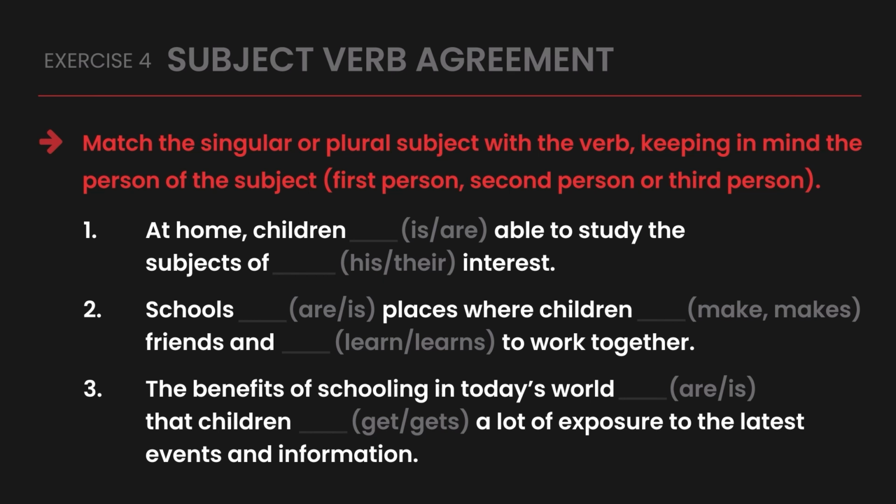"At home, children..." Children is plural, so that would be "are." We can't have "children is." So children are able to study the subjects of... We can't have singular "his," that is singular. "Of their interest," that is the third person plural. So do the other sentences in the same way.